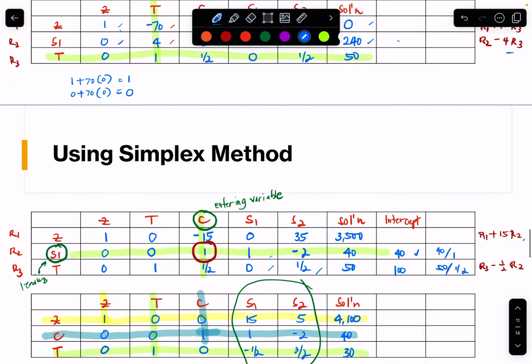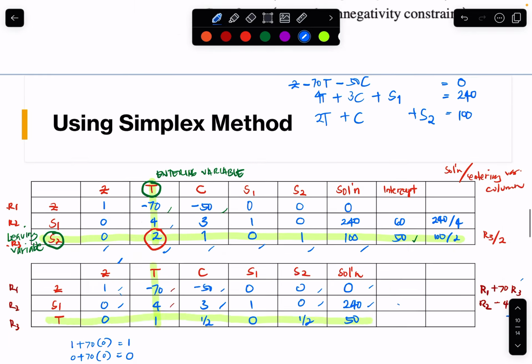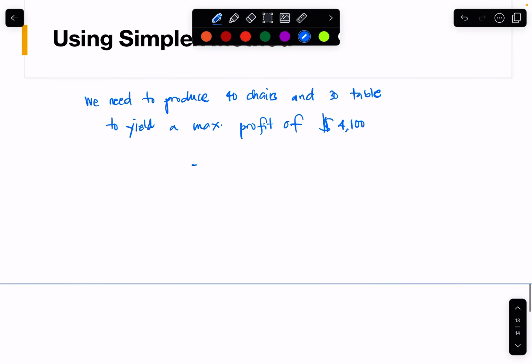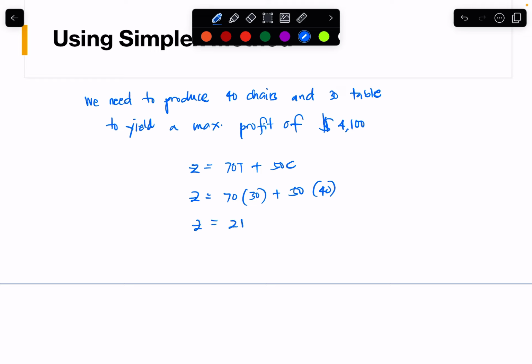So given our Z to be equal to 70T plus 50C, will that be the same? 70T is 30, so 70 times 30 plus 50C is 40, so Z is 2,100 plus 2,000, which is 4,100.